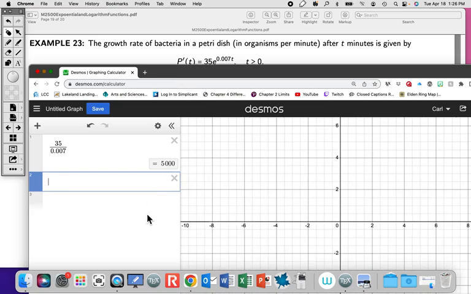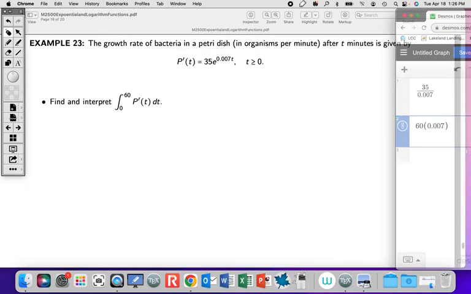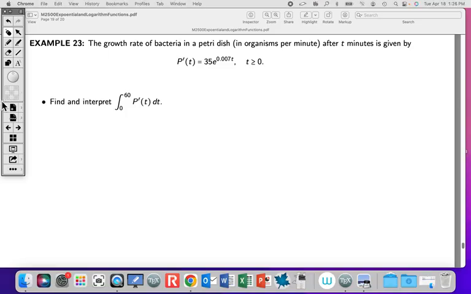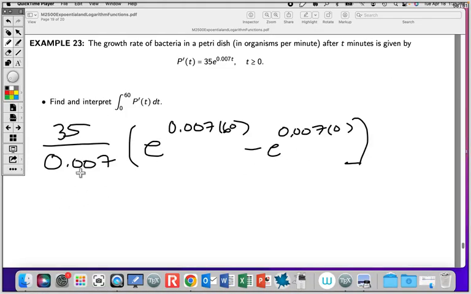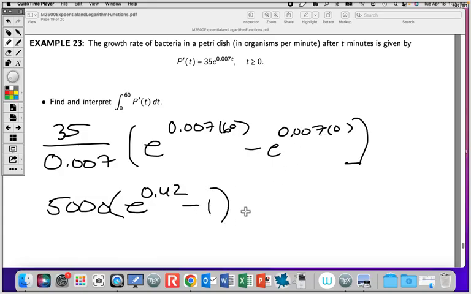So 35 divided by 0.007 is 5,000. 60 times 0.007 is 0.42. So this is equal to 5,000 times e to the 0.42 minus e to the 0, which is 1.